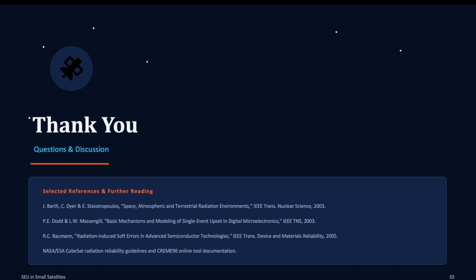Yes, because radiation, as I explained in this slide, the intensity of radiation is affected by the location of where that satellite is operating.